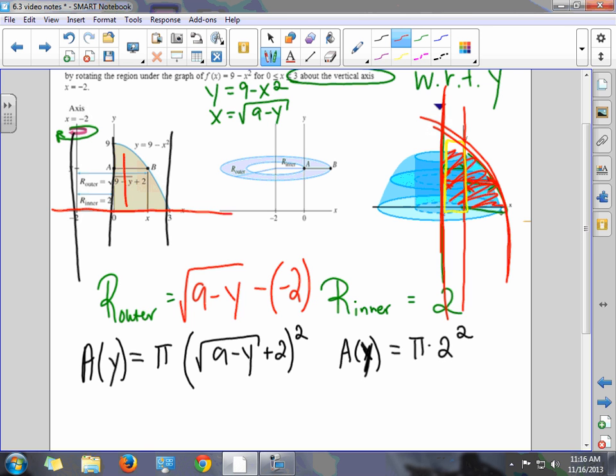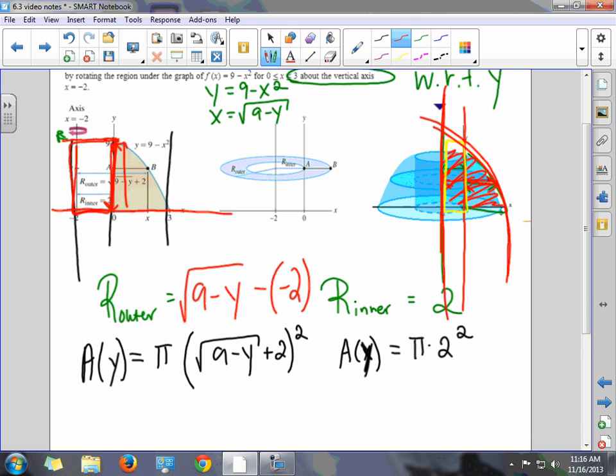And then I go all the way up, and I'm actually going to stop accumulating area for y where it's 9. Because if I go all the way to where it's negative 2, and I only cut out this cylinder, then I'm going to have a little extra area left up there that I haven't accounted for. But if I stop integrating at 9, and it just cuts off there, then I can just cut out this cylinder and I'll get the proper volume.